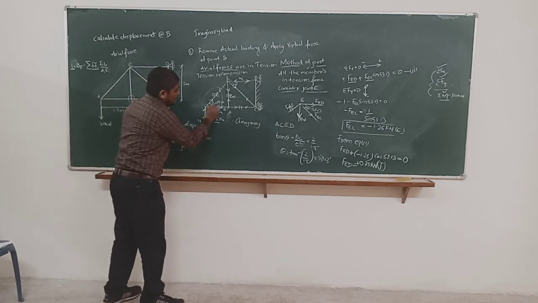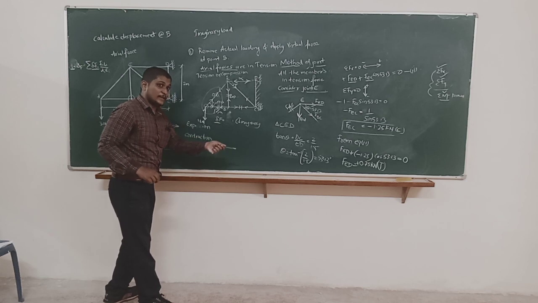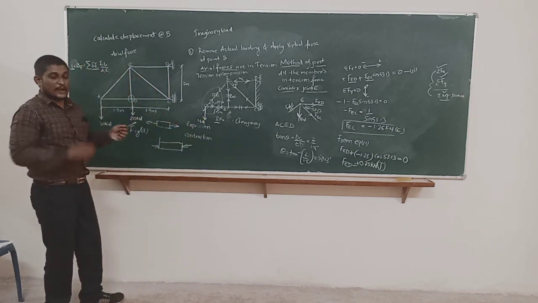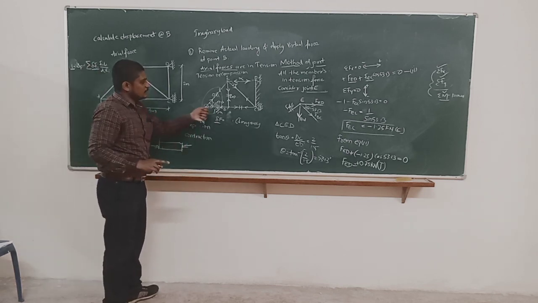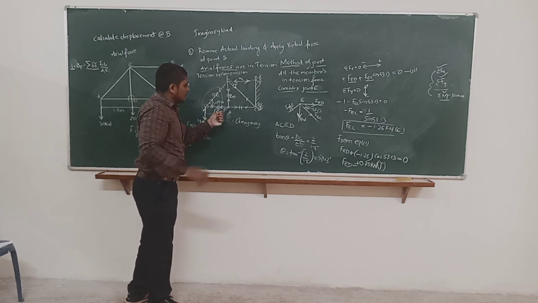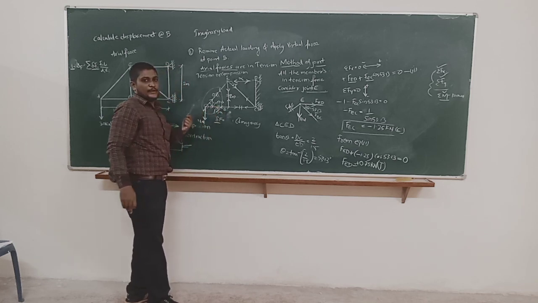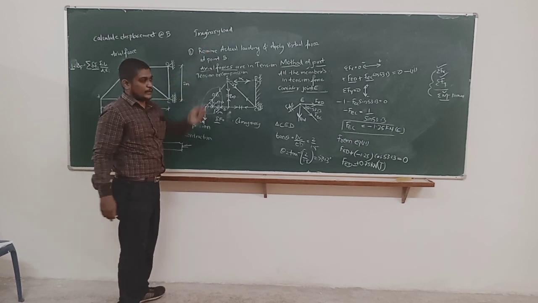If they ask A and B, then once you have to apply at B, and one more time you have to analyze with A. Simultaneously you cannot apply the unit load at a time. So in the problem statement, they will ask only at one joint. They may ask about point B or about point A. Wherever they ask, they will put this imaginary load component.